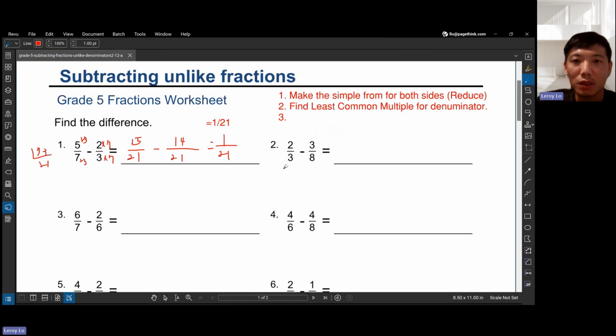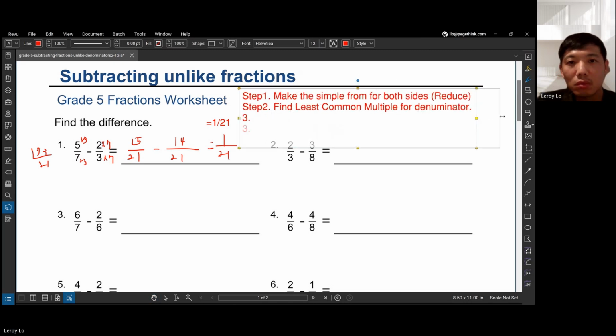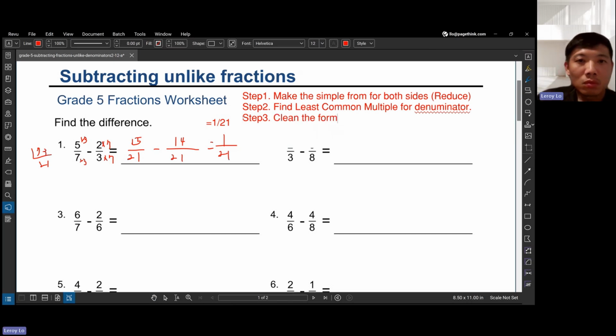Okay, now the second step will be find the least common multiples. Okay, so now we know 3 and 8, the common multiple with 3 times 8, which gives you 24.